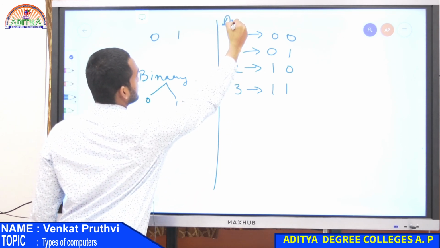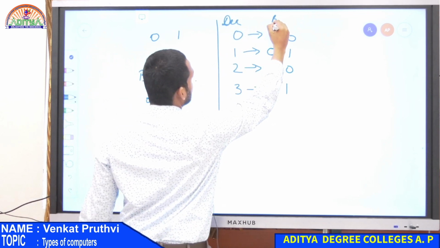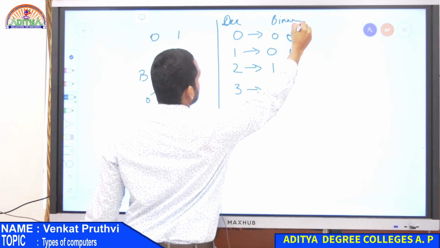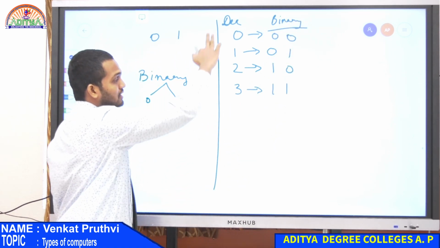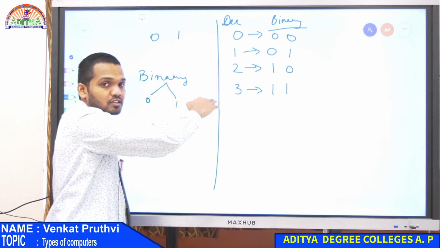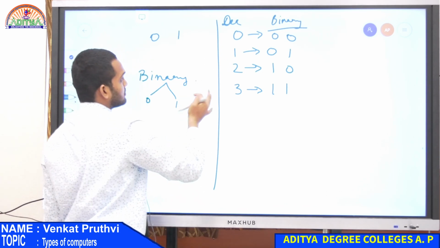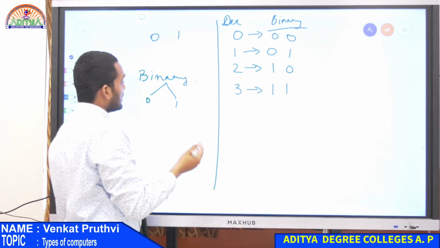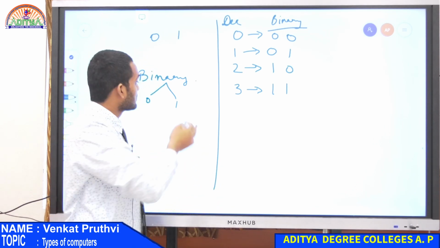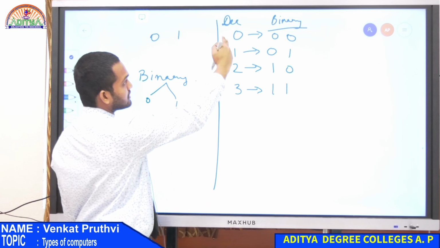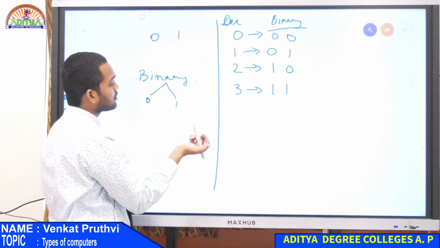First of all, you have to understand this is a decimal number, this is binary, right. In decimals, you have numbers like 0, 1, 2, 3, that is widely used and we all follow this kind of format. But if the computer has to understand this binary format, we have to first convert this decimal into binary. How do we do it?